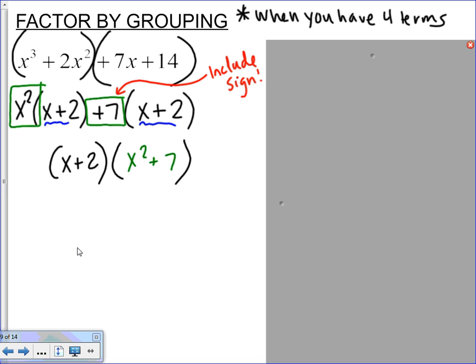When I say I undistribute it, it's like I had this x plus 2, and I multiplied it by x squared, and then I took the x plus 2 and I multiplied it by 7. So both of them had an x plus 2, but I'm going to undistribute it from both of them, so I only write it one time. And then it's factored. You might check to see if this is a perfect cube or perfect square. It's not, so this is my final answer.